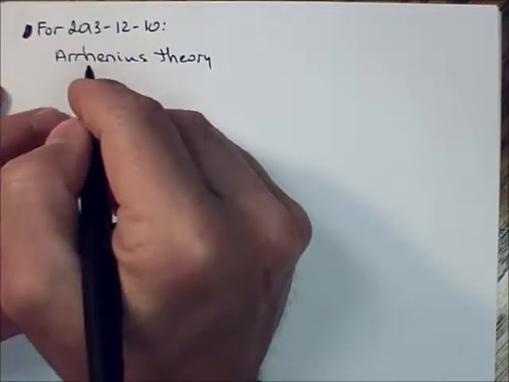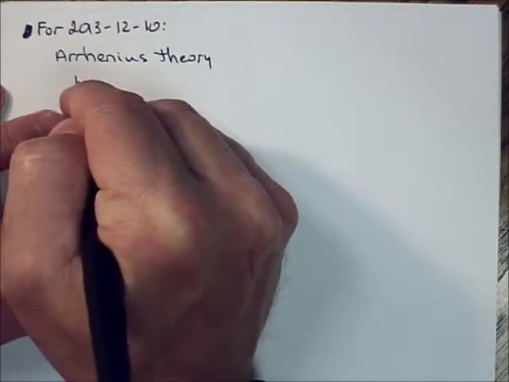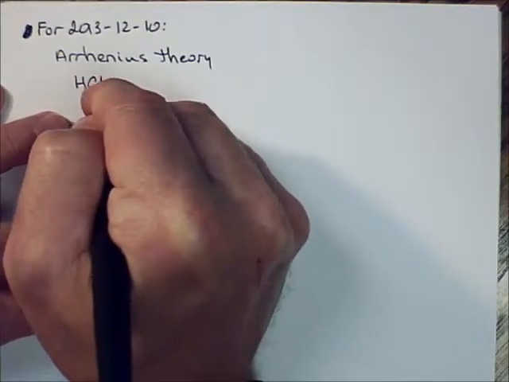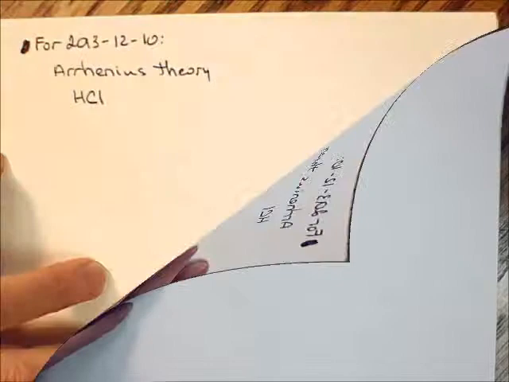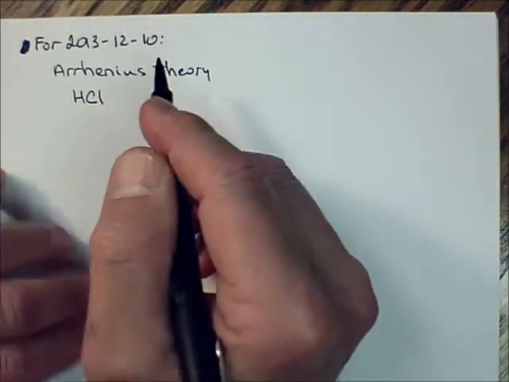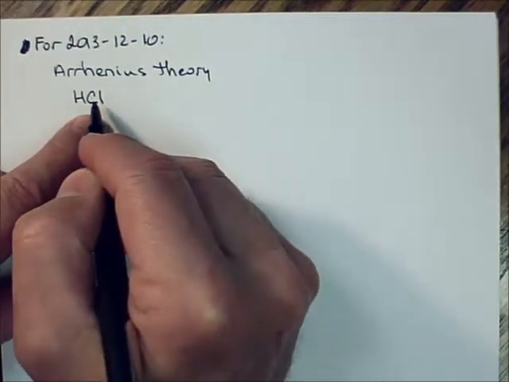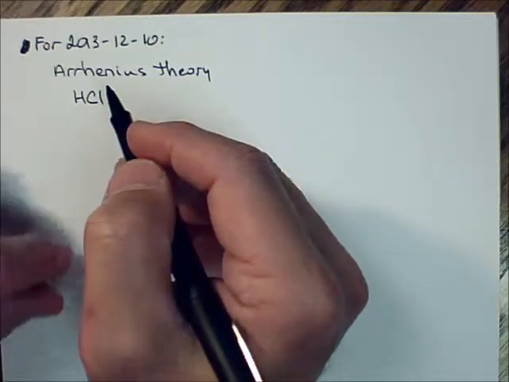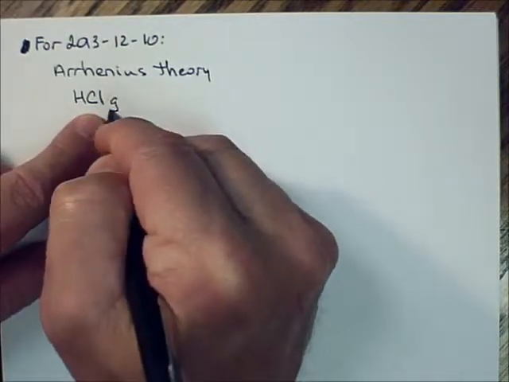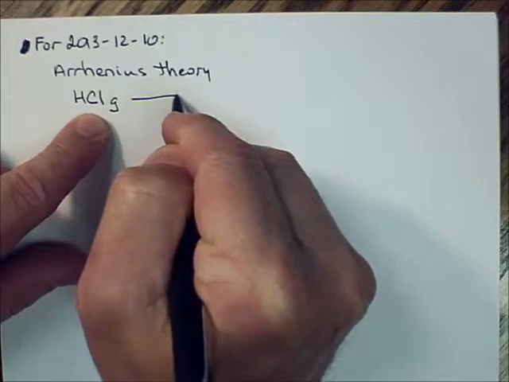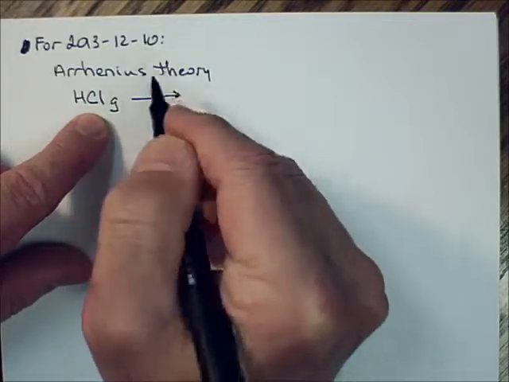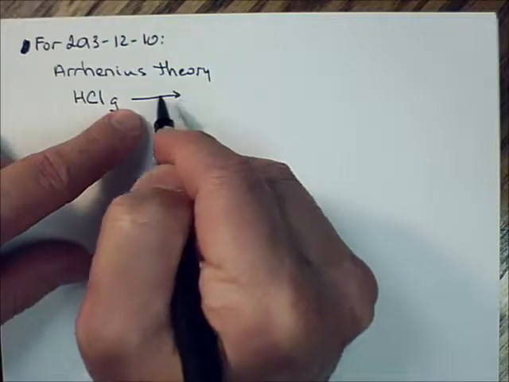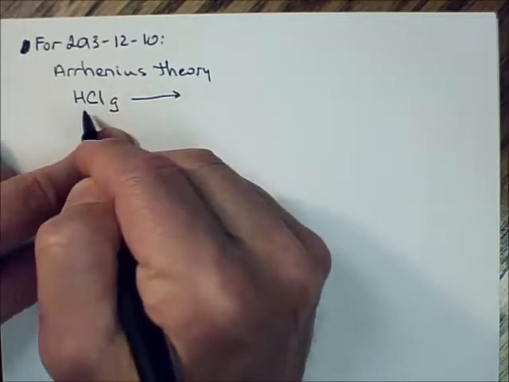So, if I have something like hydrochloric acid, in the Arrhenius theory, we take hydrogen chloride, which in its pure state is a gas, and then we dissolve it in water. The way we might show it being dissolved in water is to put water over the arrow going from reactants to products.